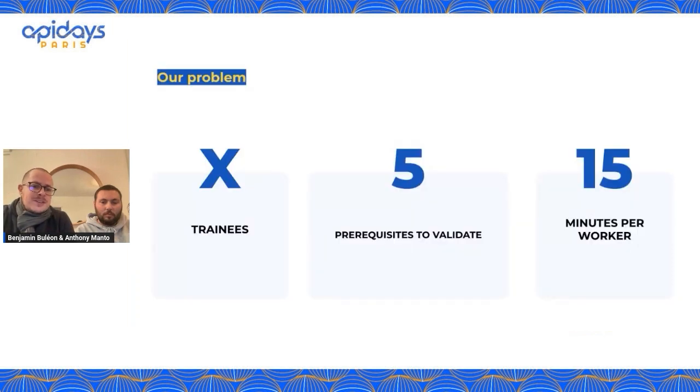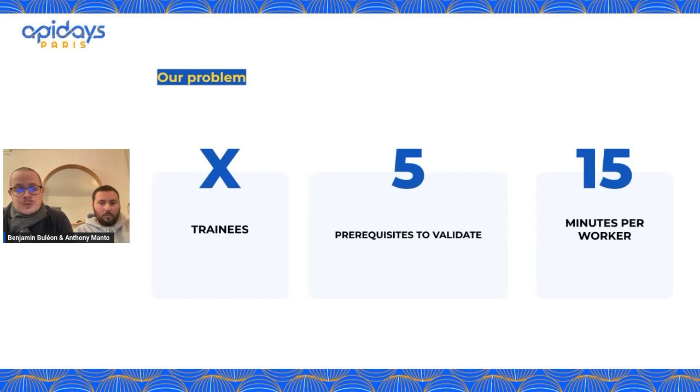And booking this session is a time-consuming process because for each worker, the on-site needs to check up to 5 prerequisites, such as the availability, the expiration date of the forklift certification, and so on. So it can take up to 15 minutes per worker.